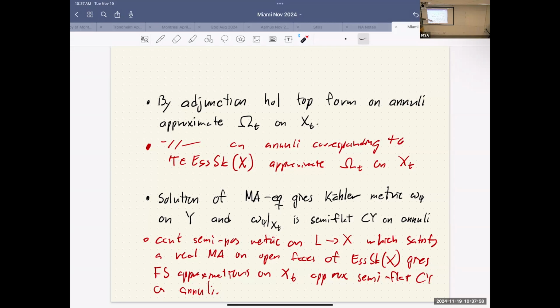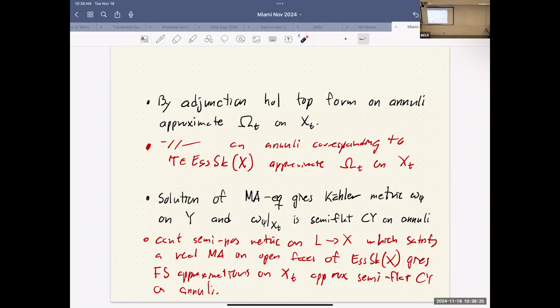A key point here is that this metric on the line bundle needs to be semi-positive, which is equivalent to being able to approximate it by Fubini-Study metrics of global sections, and those global sections are defined on X_t.